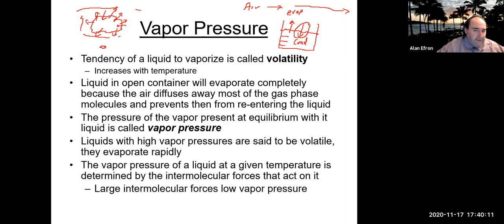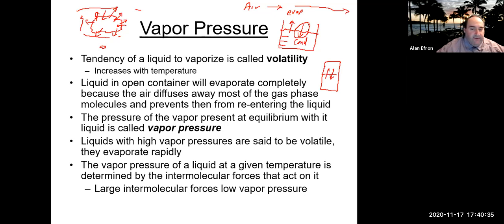Now, because we have this constant process at the surface of the liquid where molecules jump into the gas phase, when we have a liquid in a container, at some point it will reach equilibrium, the rate at which it evaporates and the rate at which it condenses.